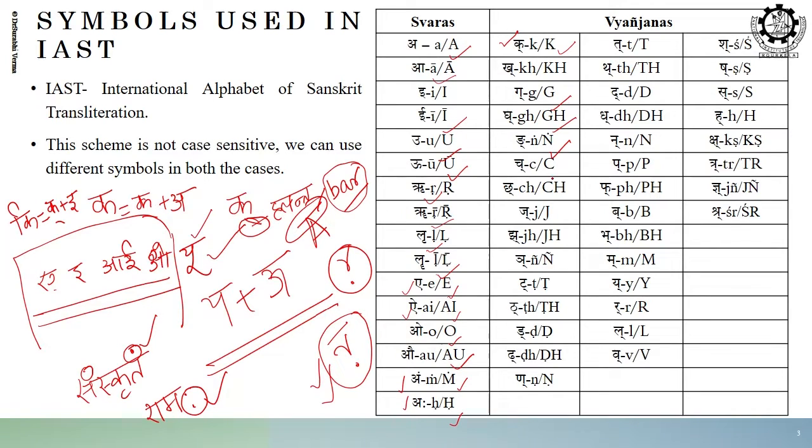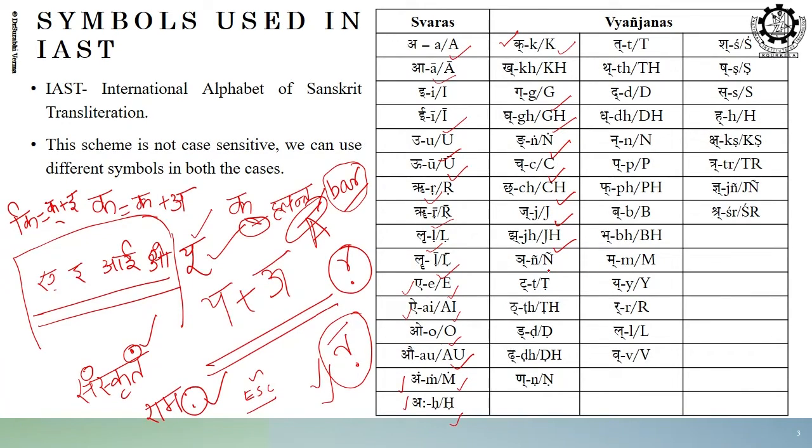Then ch is c, chh is ch, j is j, jh is jh, ny is n tilde, this marker available on our keyboard just above the ESC key, this is tilde. So here n tilde is available at the top of n.